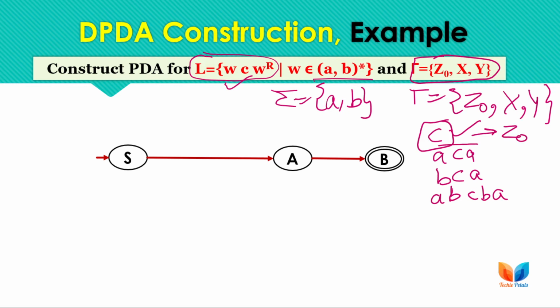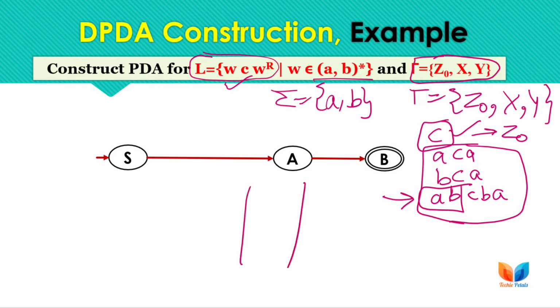But if we have any other pattern, then we were having the push operation for the symbols received before the C onto the stack top. So here for this string, for example, we were having push operation on the stack top, as the initial stack top is Z0.